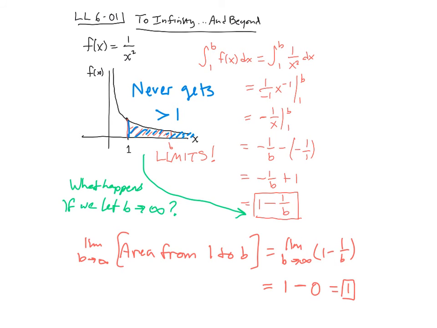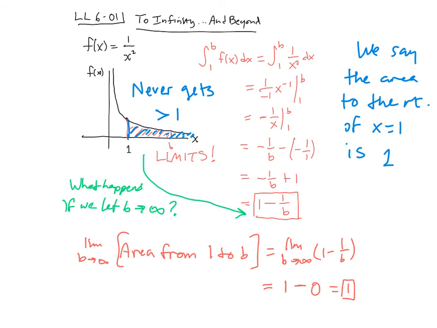So for that reason, we say the area to the right of x equals 1 is 1. And another way of saying that is that the integral from 1 to infinity of 1 over x squared dx is just 1.